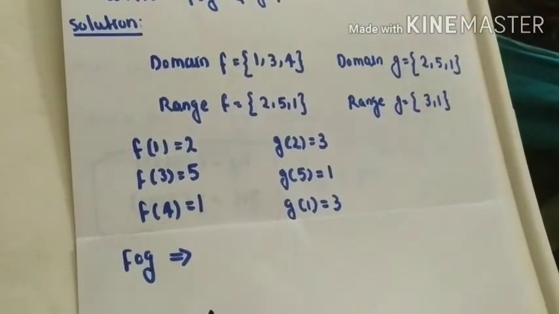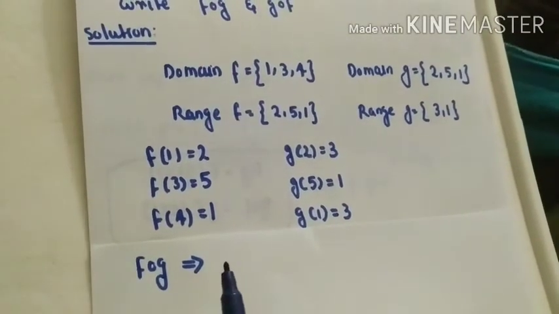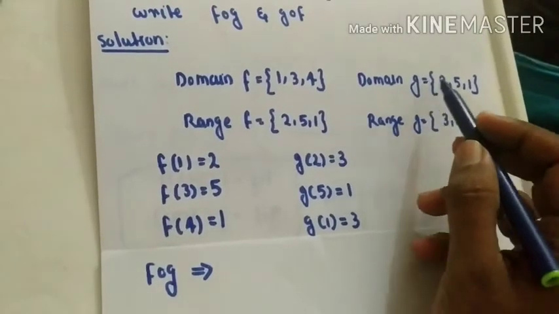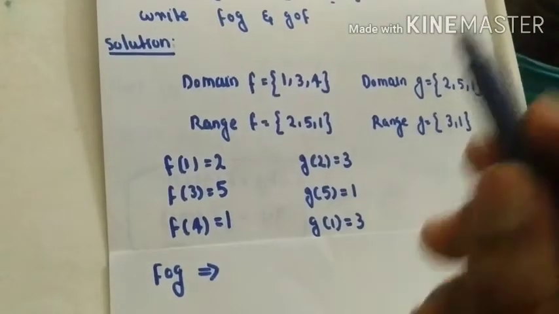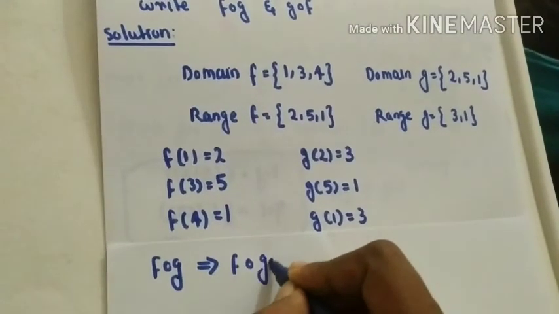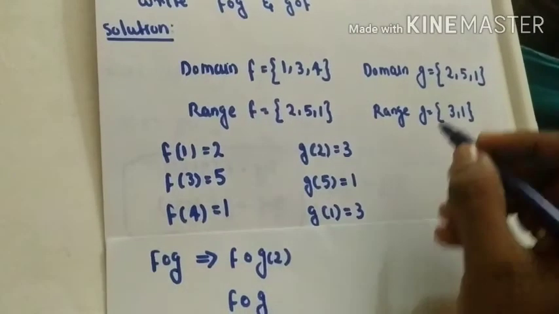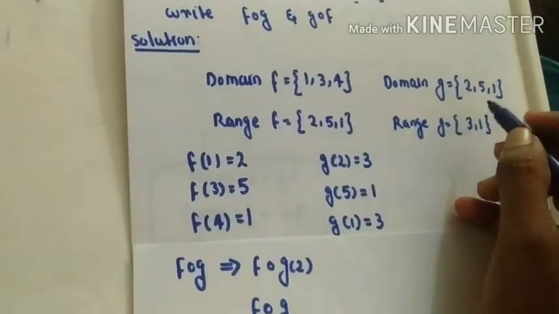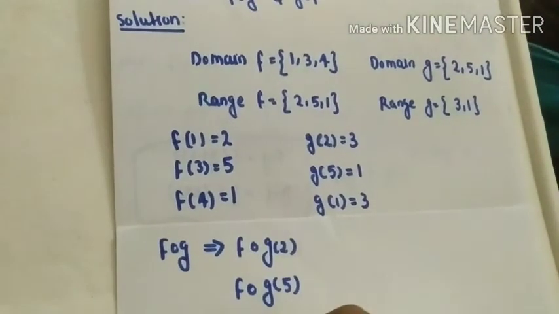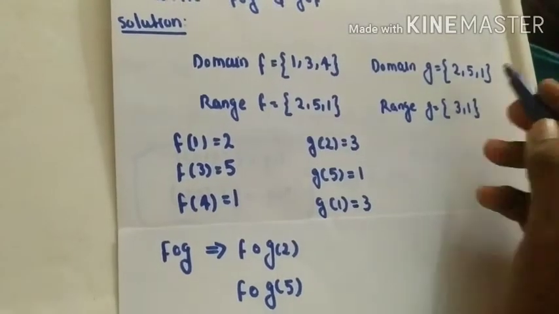In order to begin with f of g, we start with whatever elements are there in the domain of g. So we need to find f of g of 2, f of g of 5, and the last one is f of g of 1.